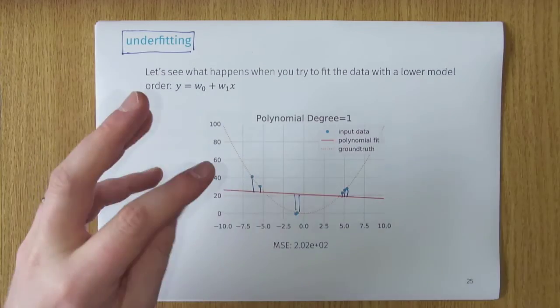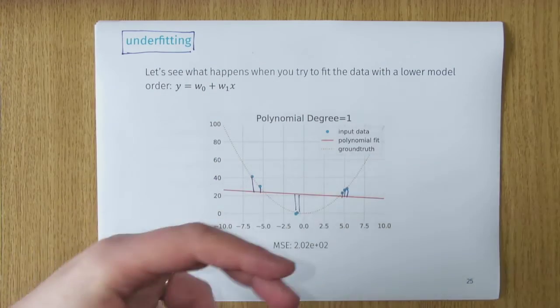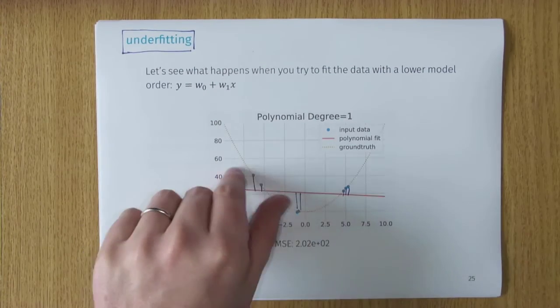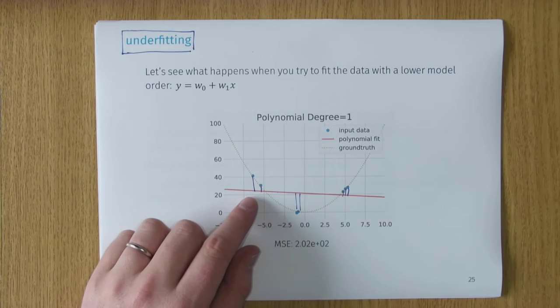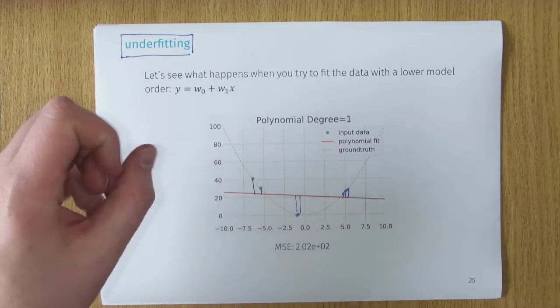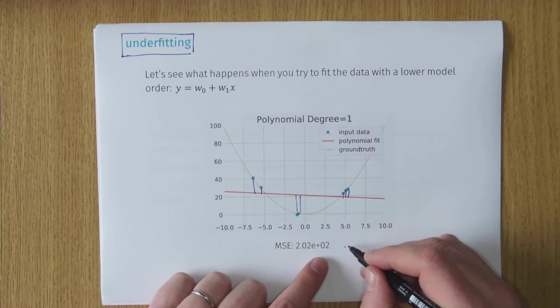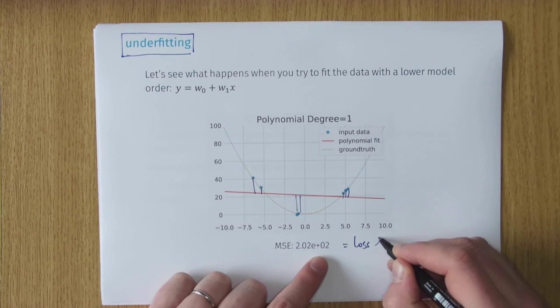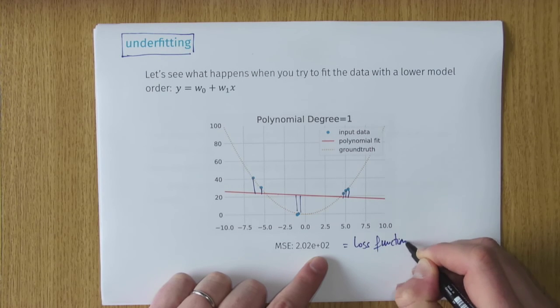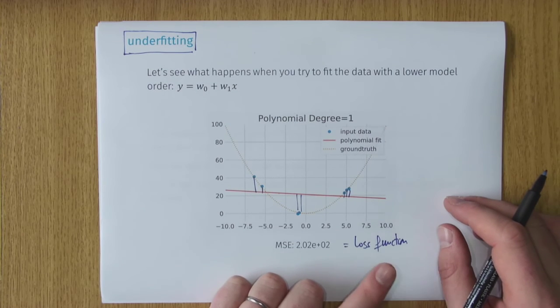So how do you know that you are underfitting? Remember, underfitting means that your model is maybe not quite powerful enough or not flexible enough to actually model your data. And you know that you're underfitting if you find that your loss function is not going down enough.